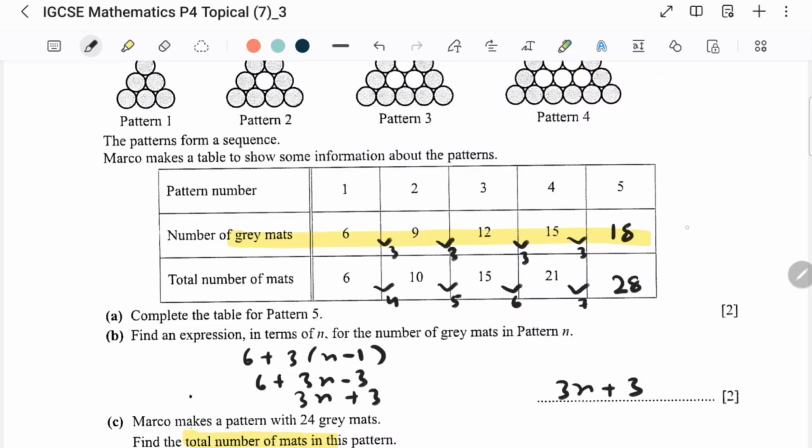The 6th and the 7th pattern will be 18 plus 3 is 21, and 21 plus 3 is 24. When you add all of them, and here we have plus 8 is 36 and plus 9 is 45. So we found the number of gray mats in the 7th one as well as the total number of mats.